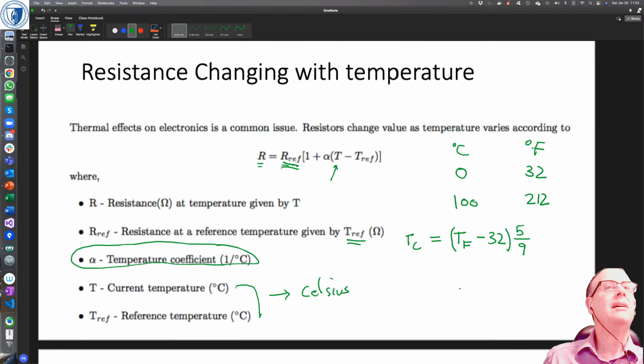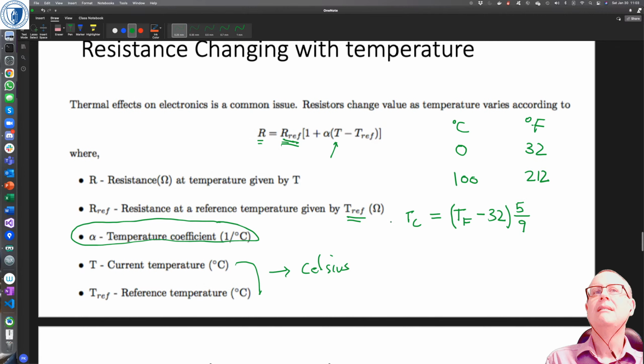So that's the conversion. Giovanni's answer would be better with a bracket around the F minus 32, but yes, that's the way to do it. Okay, looks pretty good.